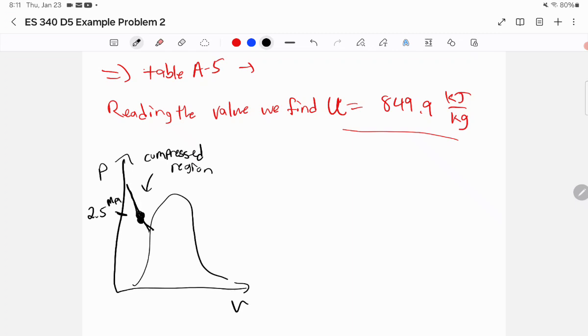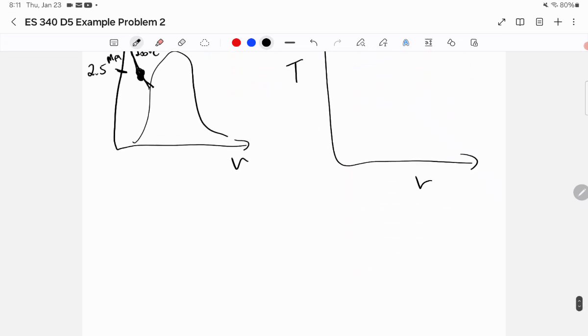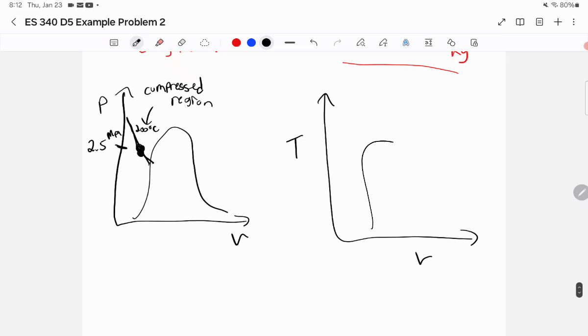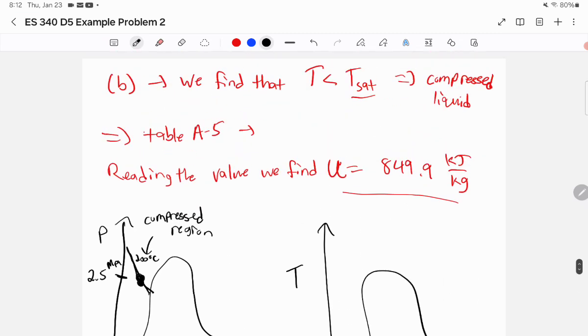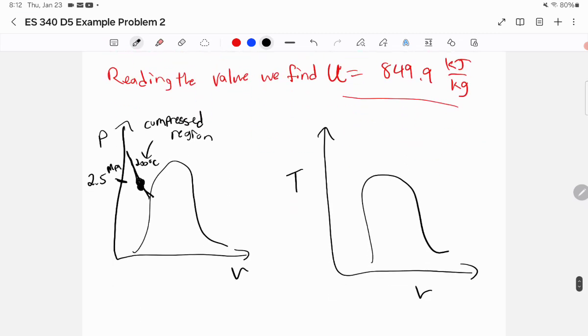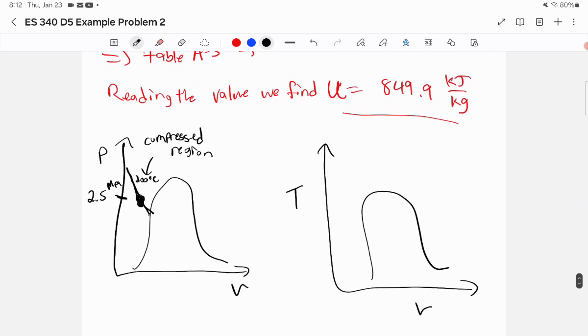This is the isotherm at 200 degrees Celsius. Alternatively, for our TV diagram, again, we have a curve that looks something like that. And we know that the temperature is at 200 degrees Celsius.